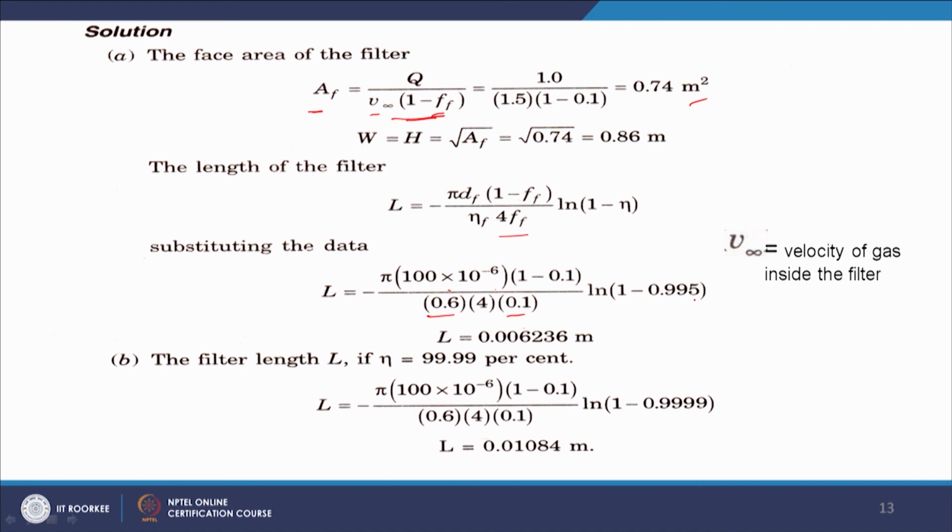So, we are getting L equal to 0.006236 from this expression by solving for L. For the filter length L if it is 99.9%, we will use the same expression and replace this value with 0.9999. So, L value will be 0.01084 meter.